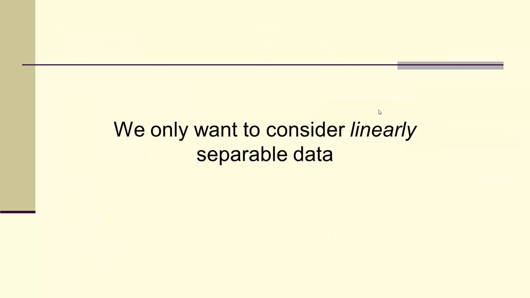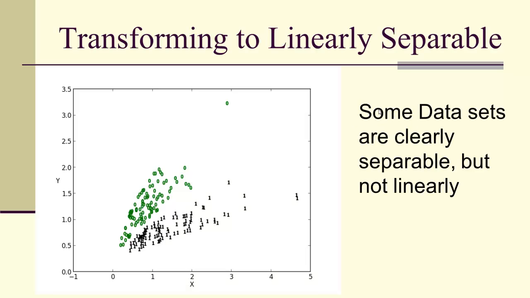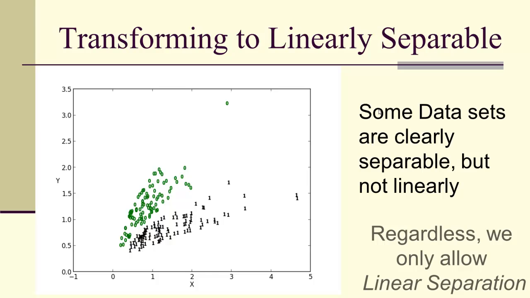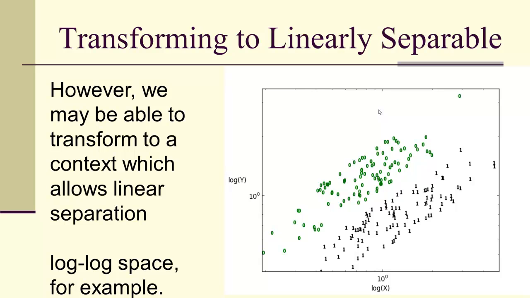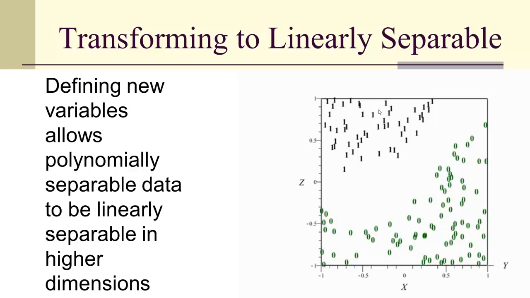But we only want to consider linearly separable data. Some data sets are clearly separable, but not linearly. However, we may be able to transform to linearly separable, for instance with log-log space. Or we might be able to define new variables that allow us to separate polynomial data, for instance.